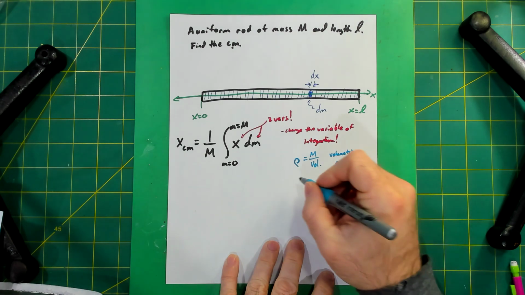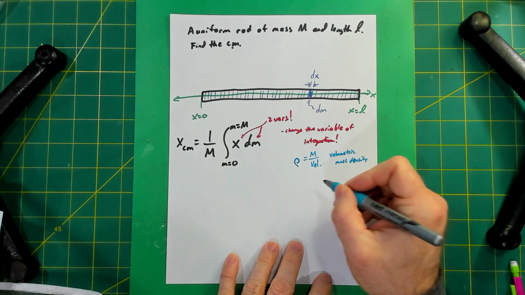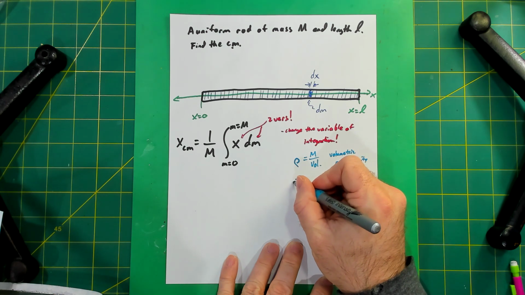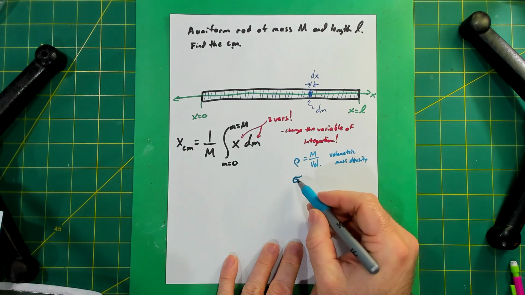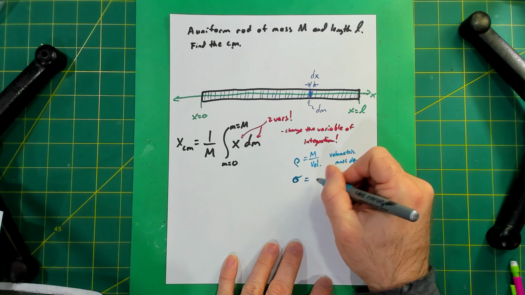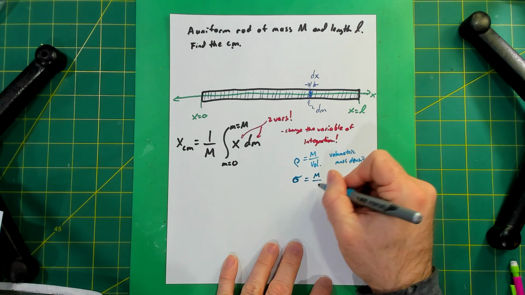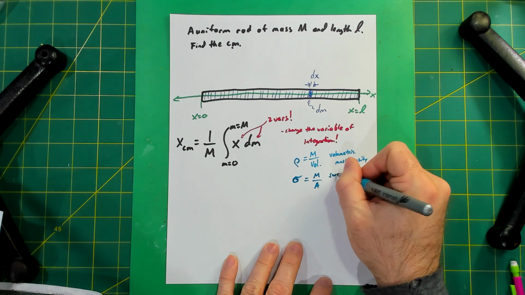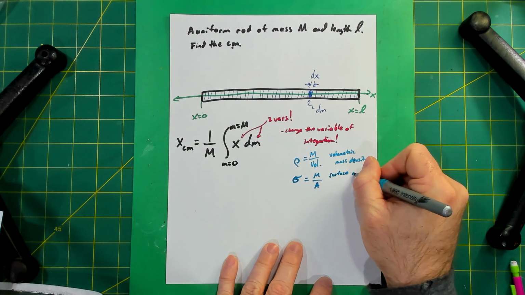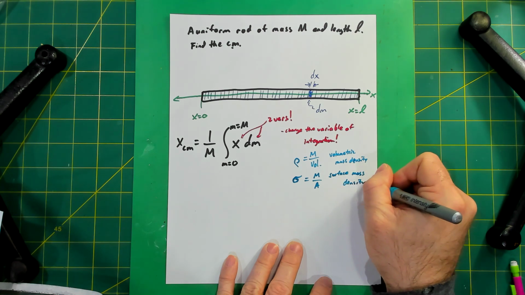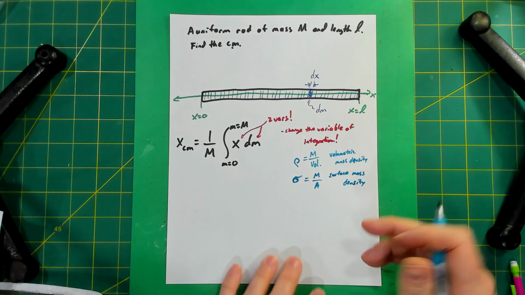Since it's a surface mass density, we're going to use a Greek letter S, a lowercase sigma. It's kind of like an O that doesn't quite close on itself and loops like that. That's lowercase sigma. This is my mass per area, my surface mass density.